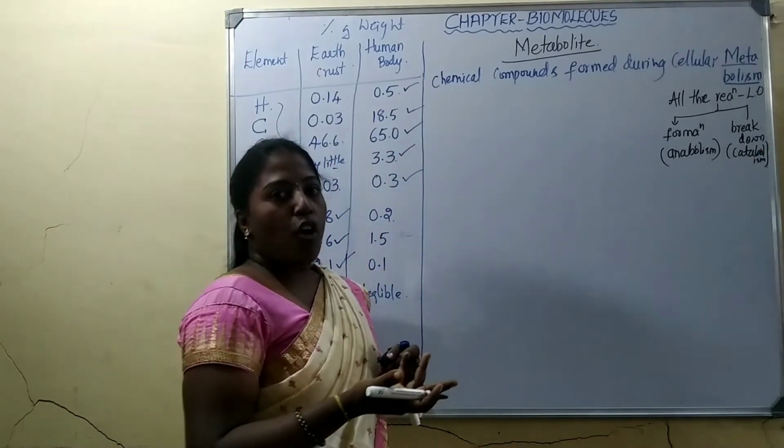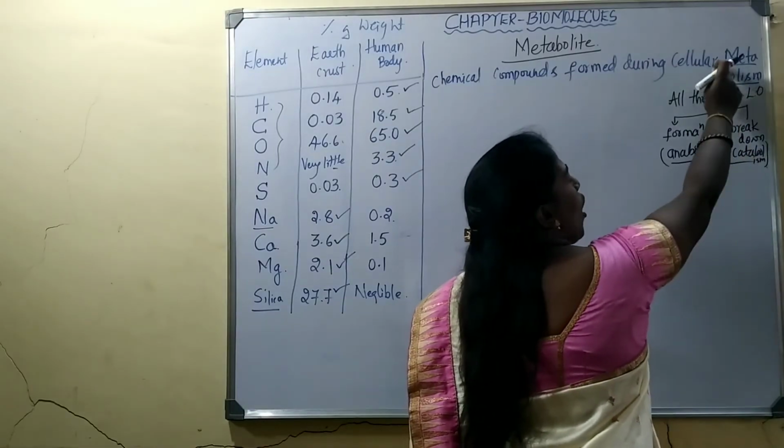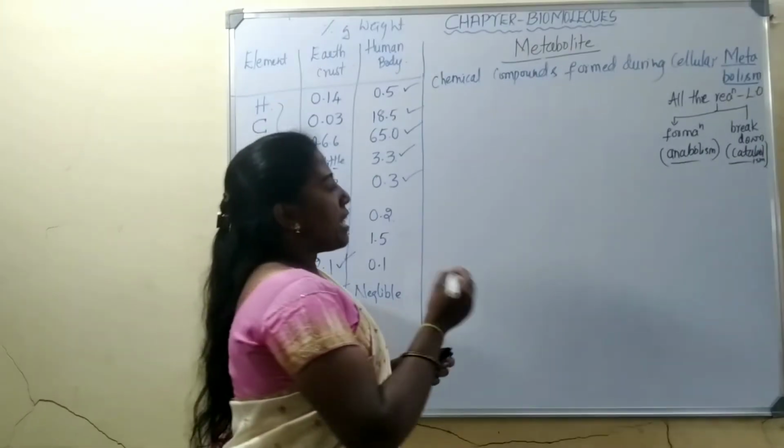The chemicals formed during anabolism or catabolism, they are called what? Metabolites. Is it clear?